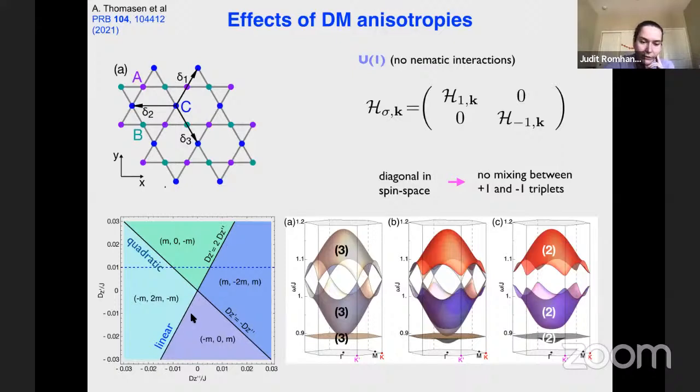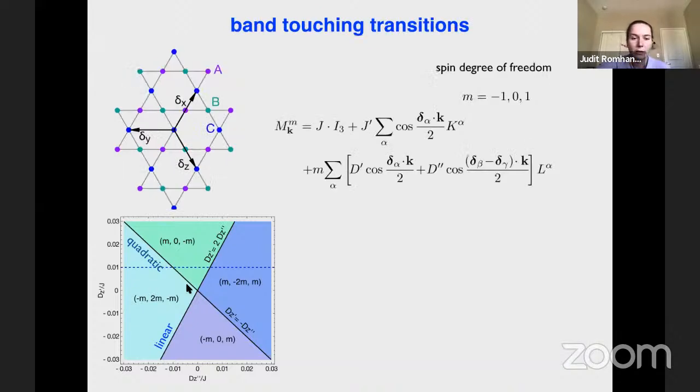This quadratic touching happens at the gamma point, and the linear touching transition happens at the K and the K prime point, when the first neighbor Jaworski-Mole is 2 times the second neighbor Jaworski-Mole. And one can get these transition lines analytically, just by examining this last term, when the mass term in this Hamiltonian vanishes, and when it's finite.